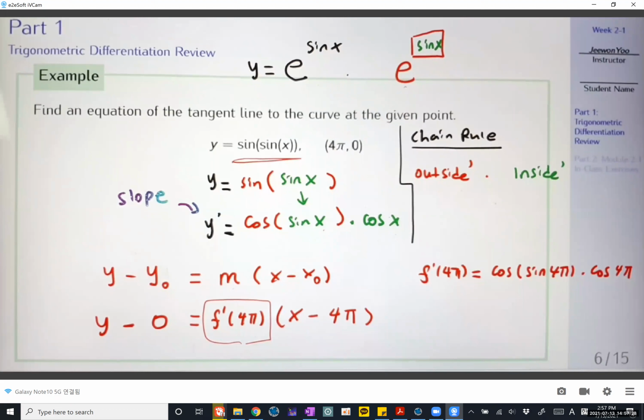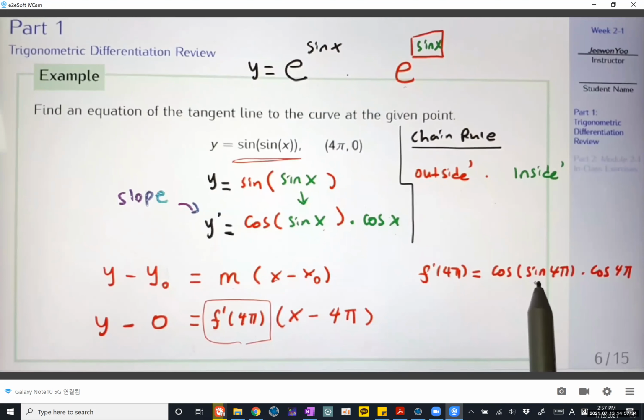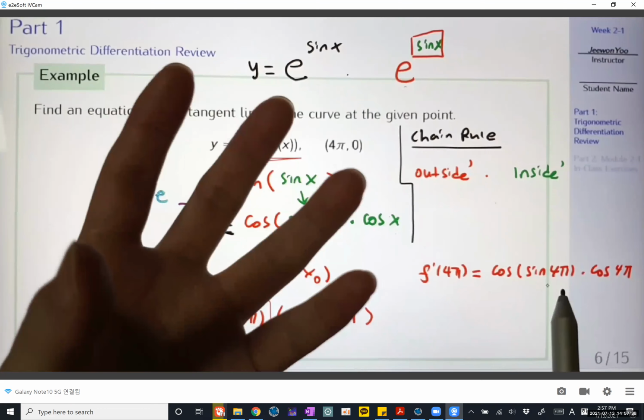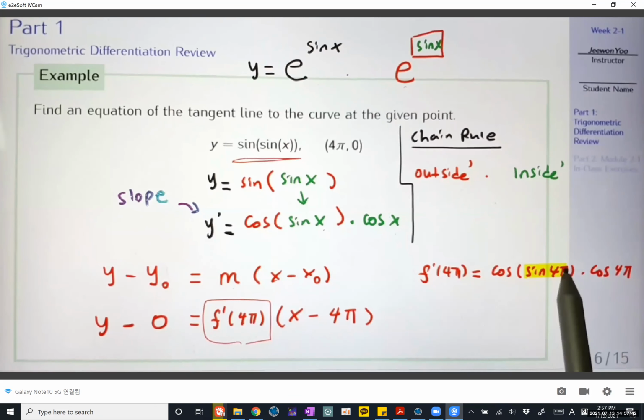Now from now on, you don't need calculus 1. You have to know some pre-calculus actually. Does anyone remember what is sine of a multiple of pi?